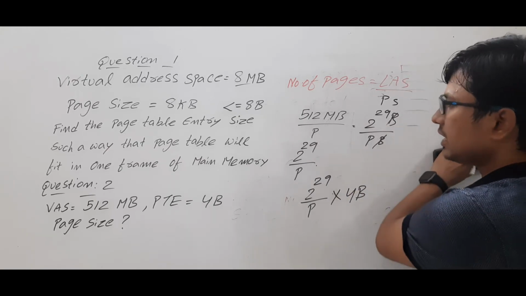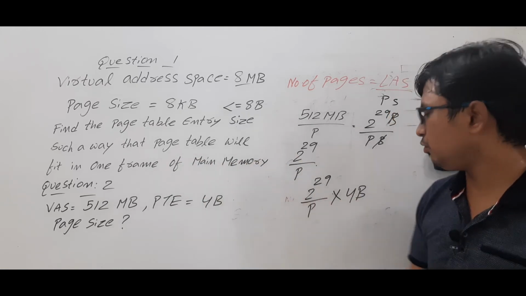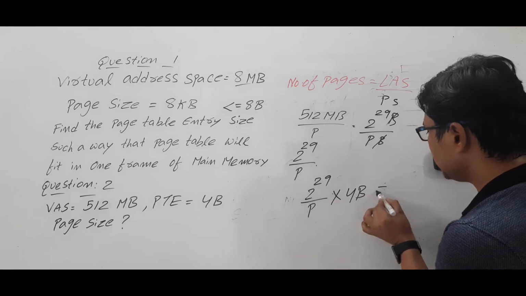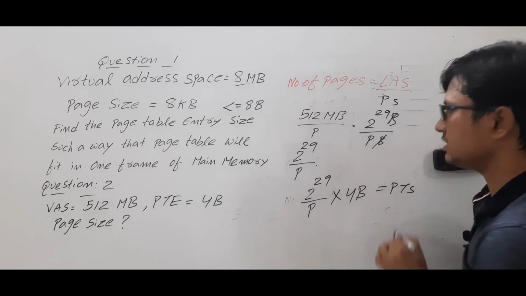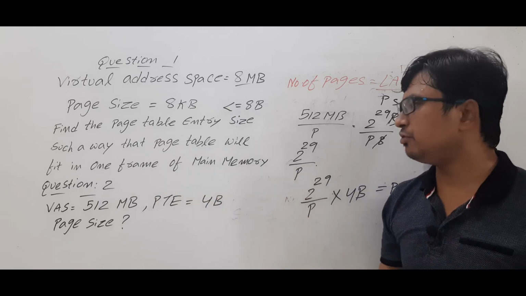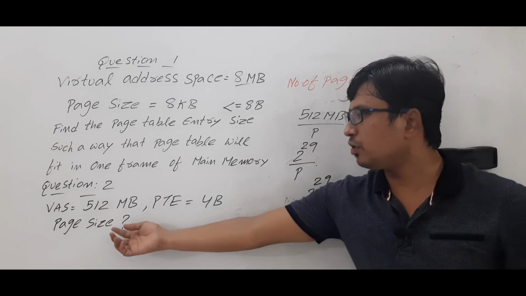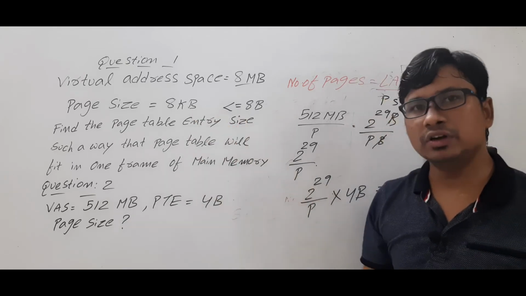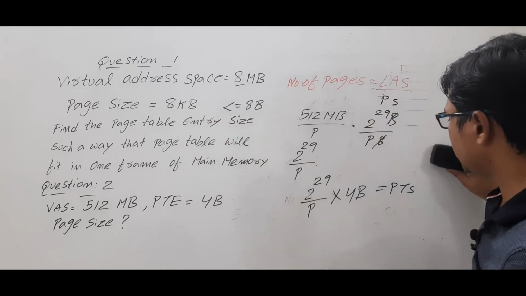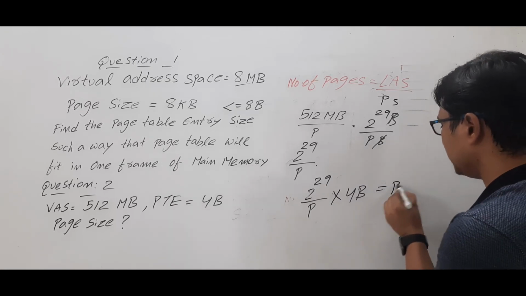Okay, and they are telling that the page table will fit in one frame. Fit in one frame means it should be equal to page table size. But they are telling it should fit in one frame of main memory. So one frame means frame size, but they have not given the frame size. So page size will be equal to frame size. So I will consider it as P only.